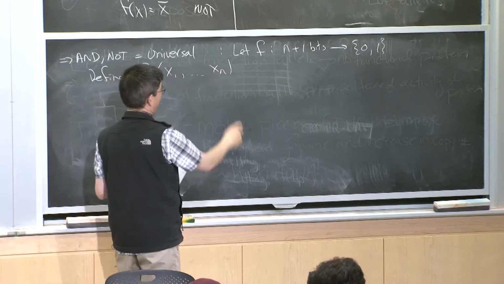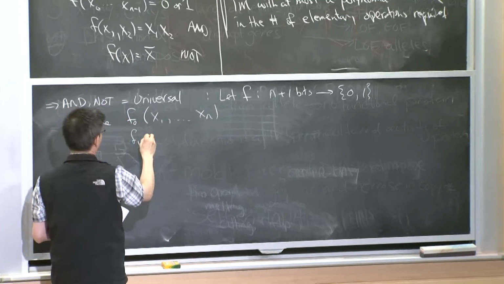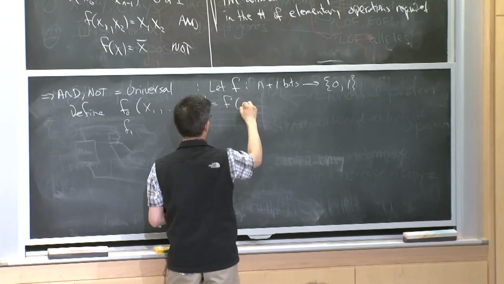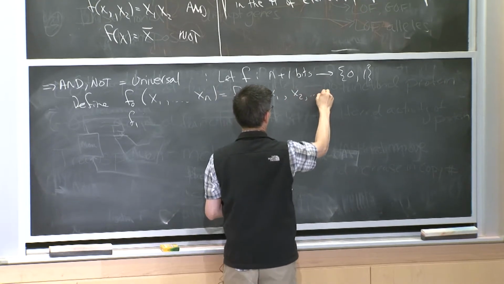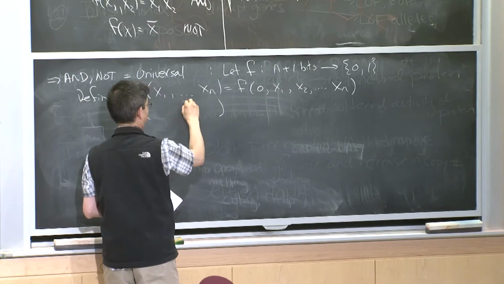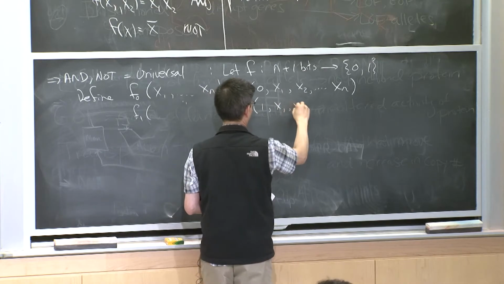Note that f started with x0, like I've done elsewhere up here. And this will be defined as being f with a 0 in the first place. And similarly, f1 will be defined with a 1 in the first bit.